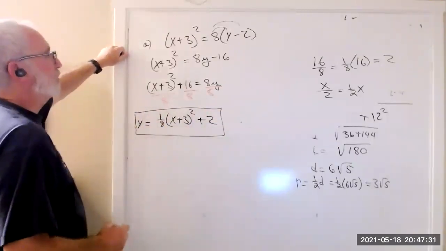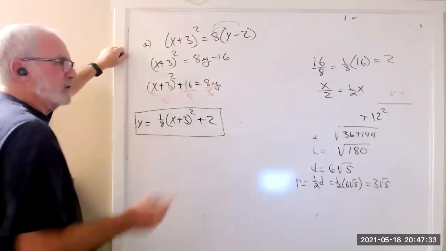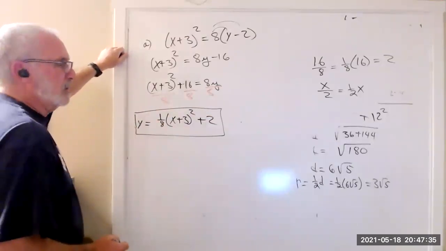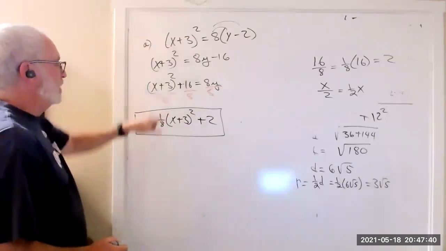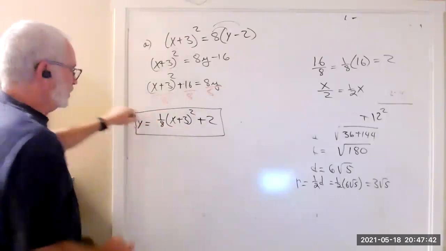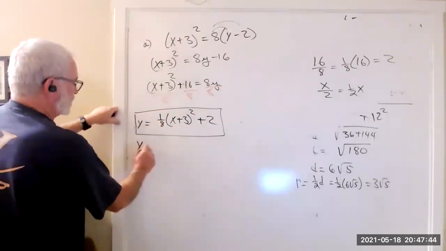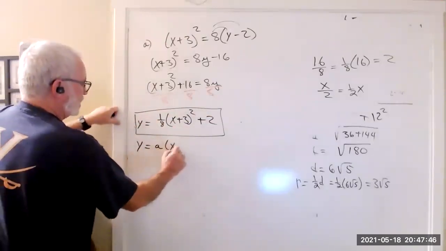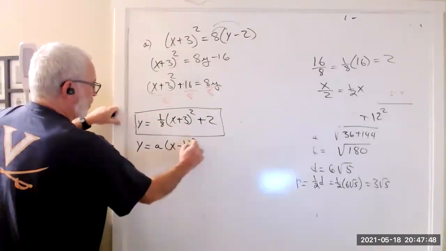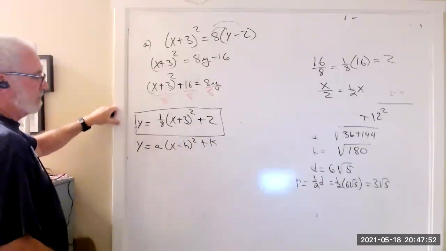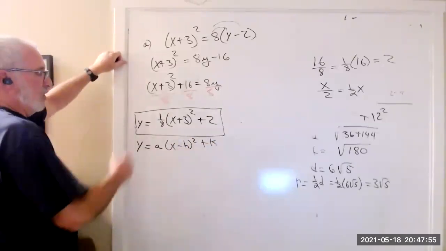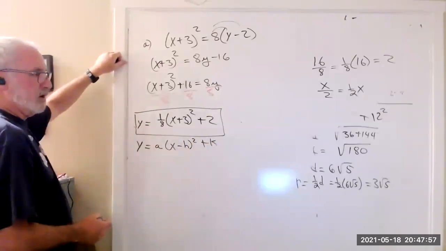Again, you could have done this probably in one step, with your eyes closed. But that's taking this problem and manipulating it to look like this. What I'm looking at is y equals a times (x minus h) squared plus k.